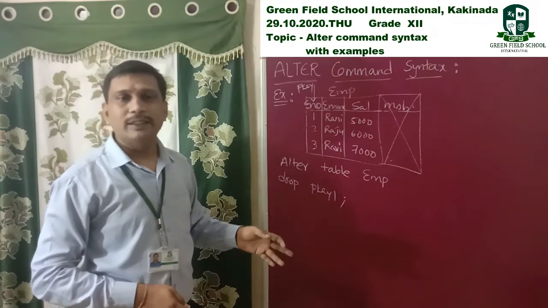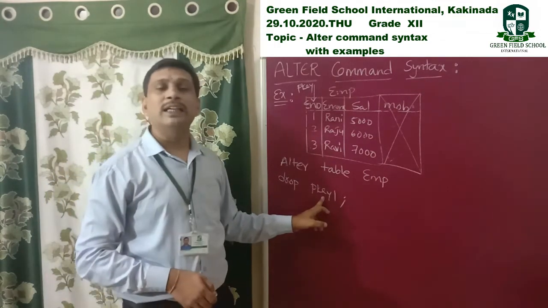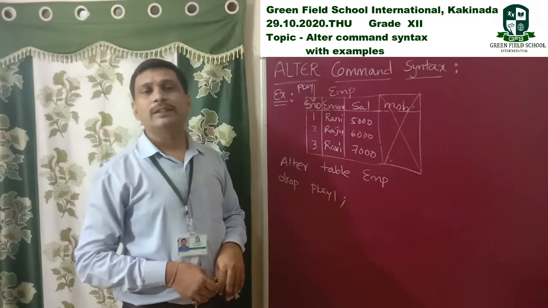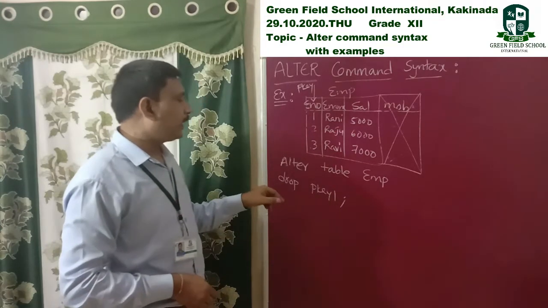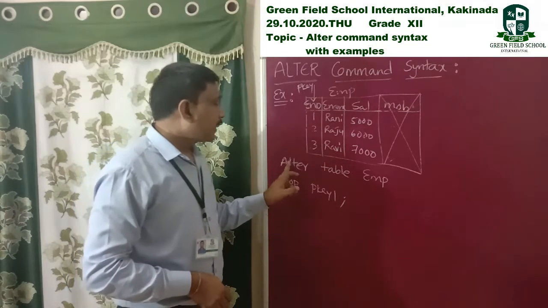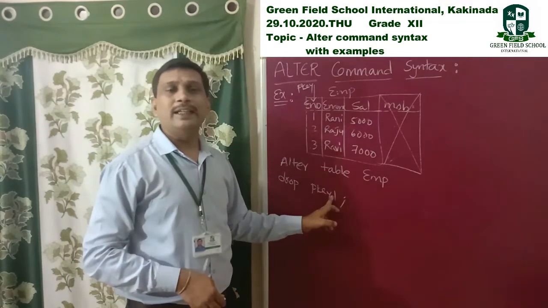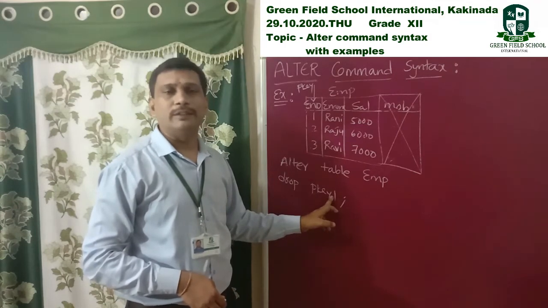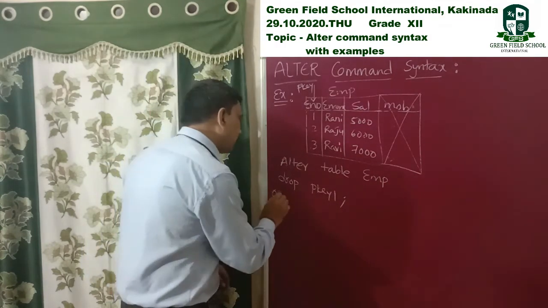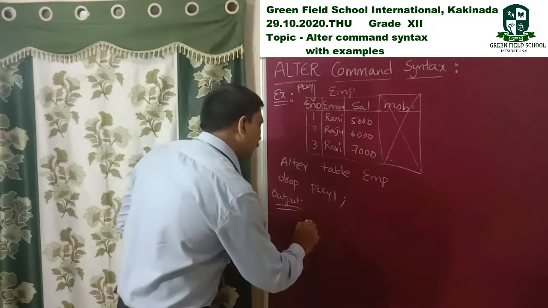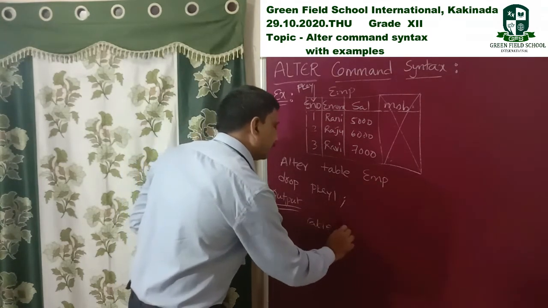When we delete, we specify the name of the constraint easily without specifying any definition. So the command here is alter table name drop constraint name of the constraint, pk1. It displays the following output, that is, table altered.